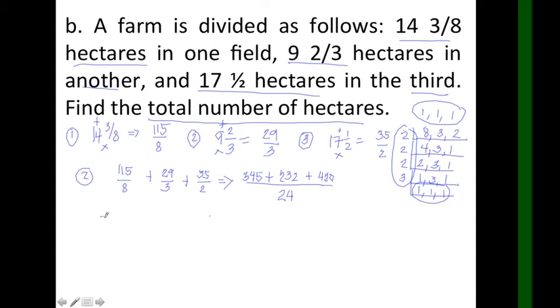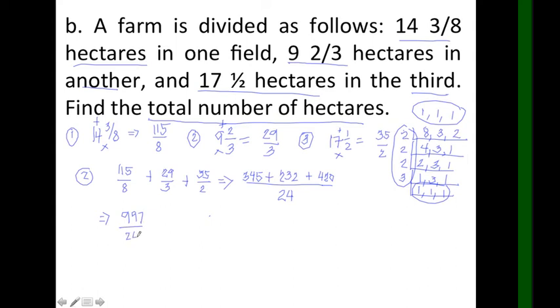After getting all of these numbers, we can now add all of them. So dito natin ilagay ang ating next process. So we can add 345 plus 232 plus 420 is 997. Am I right? You can check it with your calculator if it is correct or not. So we have 997 divided by 24.